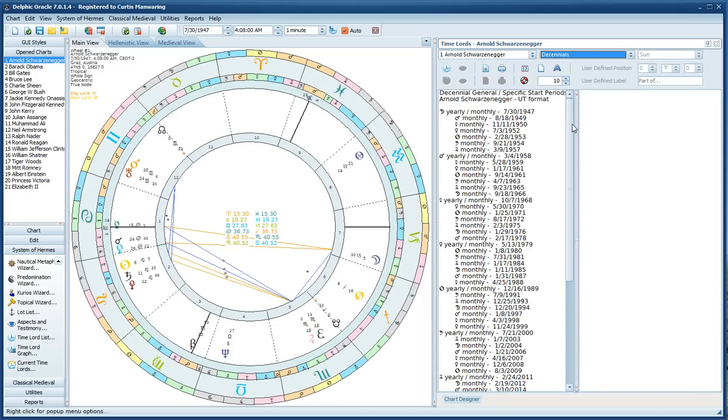In predomination, you're looking for the first, either the sun or the moon or the ascendant. In the Decennials, it's the same thing, except you're looking for the first planet after the ascendant. So if neither the sun or the moon predominate, well, in this case, the Decennial starts out with the moon, and we get to a point here late.